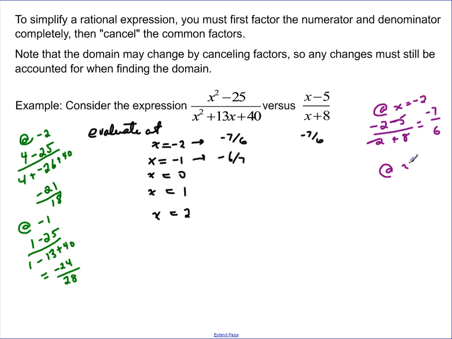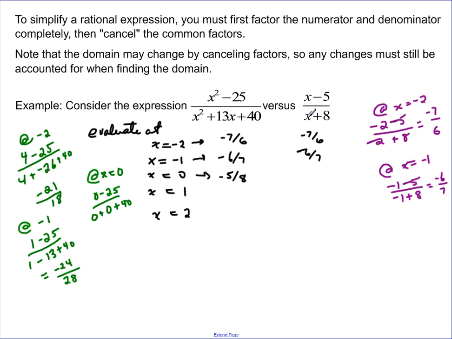All right, let's try this other one. What happens at x equals negative 1? We get negative 1 minus 5 divided by negative 1 plus 8, which is negative 6 in the numerator and sure enough, a 7 in the denominator, so it is negative 6 over 7 here. Now 0 should be an easy one, right? 0 squared minus 25 is minus 25, over 0 plus 13 times 0, which is 0, plus 40. 25 and 40 both share a common factor of 5, so dividing by 5 gives negative 5 over 8.